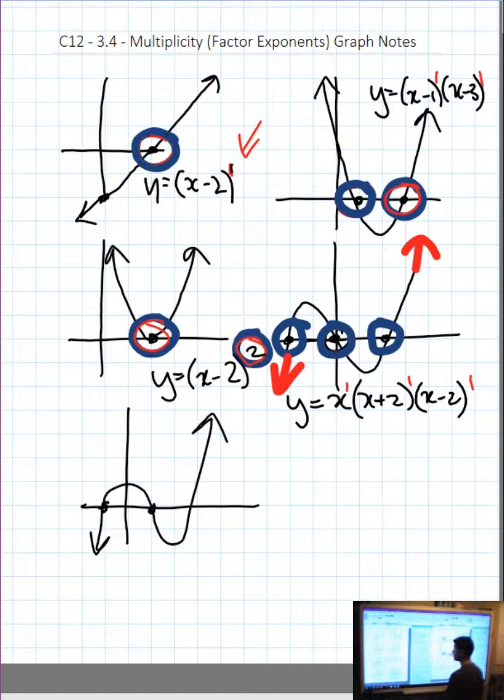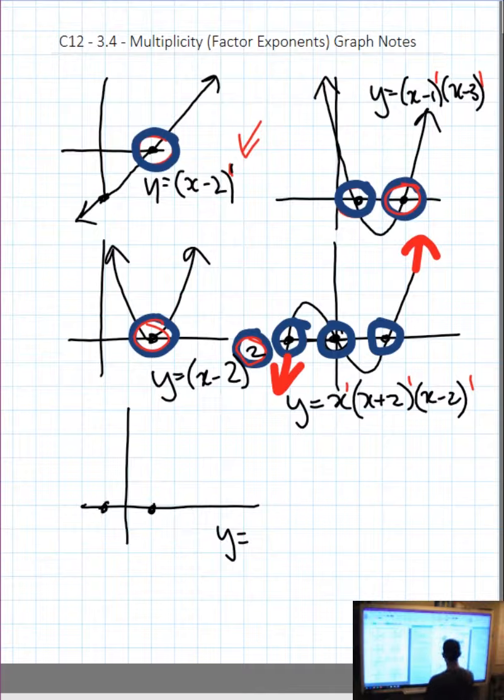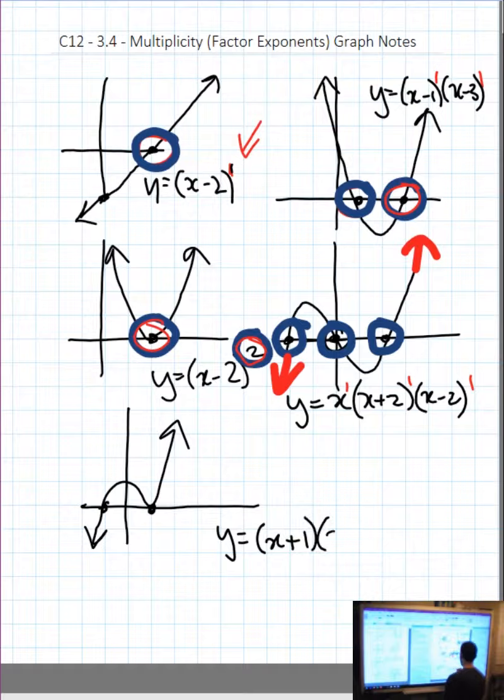That would be y equals, we have x-intercepts at negative 1, and we bounce off at 1. Therefore, the x-intercept of negative 1 has a factor of x plus 1, and the x-intercept of 1 would be x minus 1. Now it bounces off, so it would have an exponent of 2.